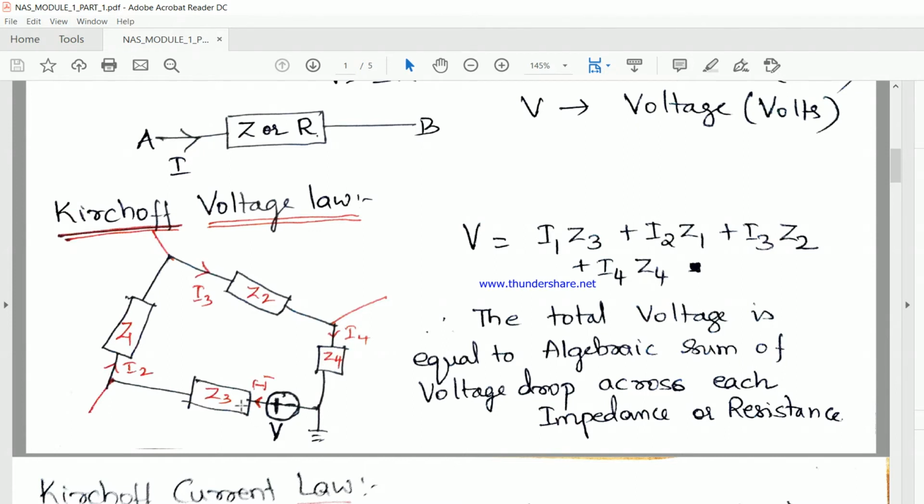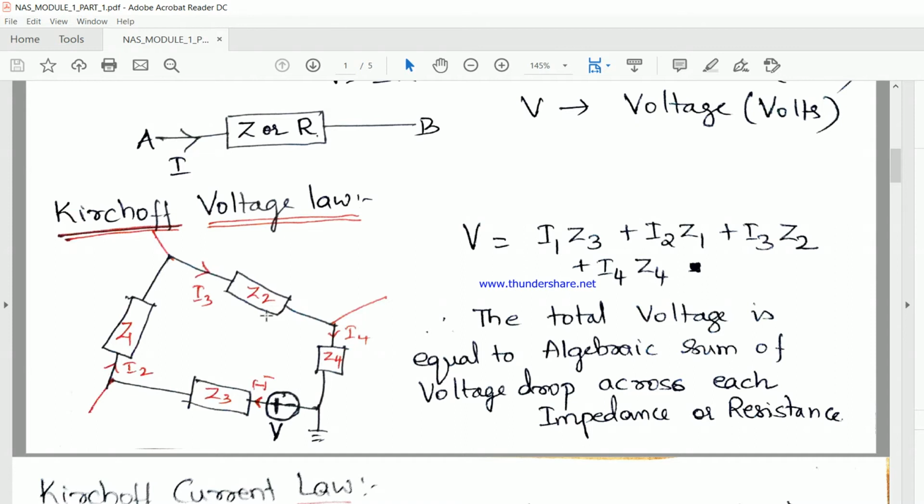Kirchhoff voltage law is normally used in a series network. Now you can see these four impedances are actually in series. I hope you remember, in a series network, voltage divides, right?